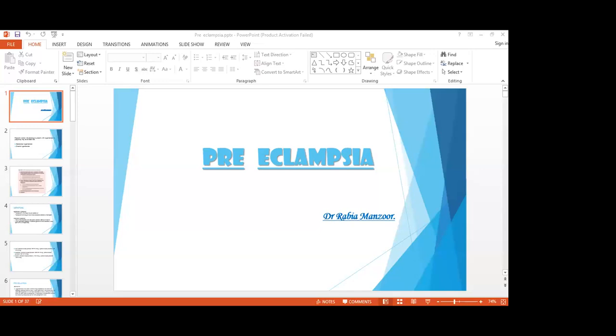On 9th, she came with leaking or something, and then we augmented her or induced labor, and she delivered on 9th. She had epidural, and after that she developed headache, and we attributed that headache to an after effect of epidural, and the anesthetist applied a blood patch as well.